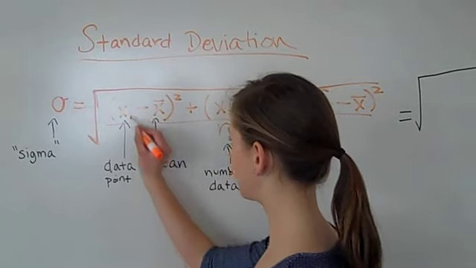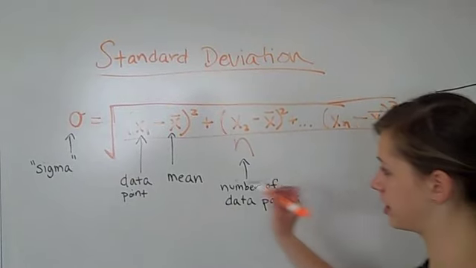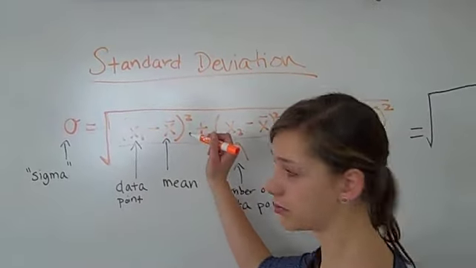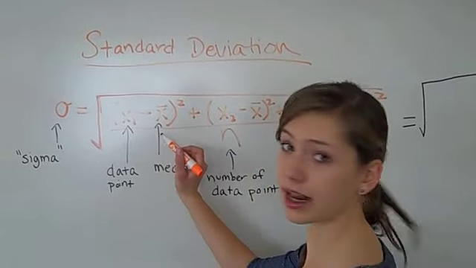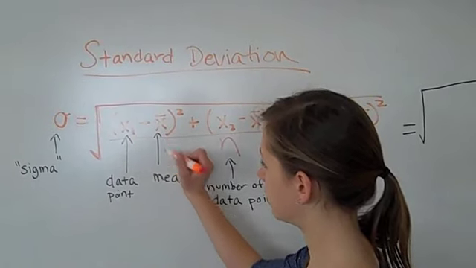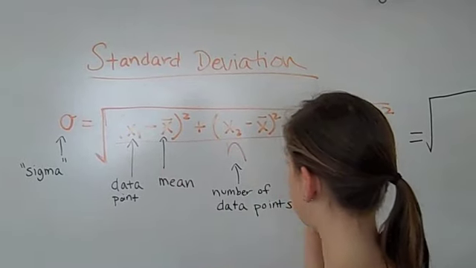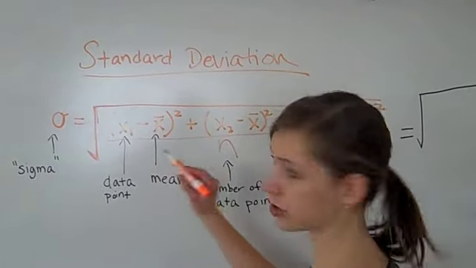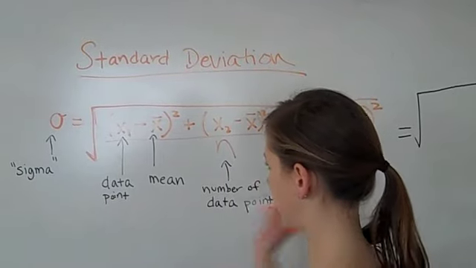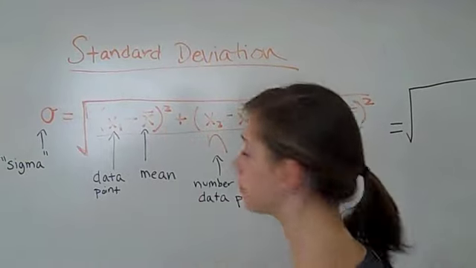And then these are the data points like x1, x2, and it goes on for how many data points you have. Now the x with the bar over it is the mean. So it's kind of like the Pythagorean theorem. You're subtracting the mean from the data point, and then you're squaring it. And then you're adding each one up, and then you're dividing it all over the number of data points, and then you're square rooting it all. Because it makes sense, if you have to square it, you have to square root it all.